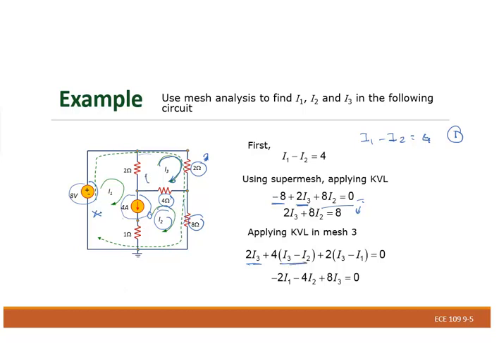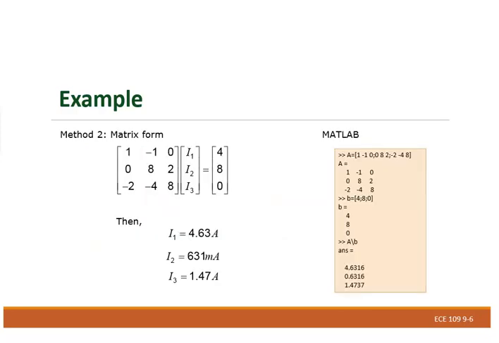And when you come here, we can say 2 times (I3 minus I1), because of the opposite direction. This is the next equation here. So equation number 2 here, equation number 3 here, which is simplified, will be this one here. So when we have 3 equations, we can put them in matrix form. We can find the values of those, as you see.